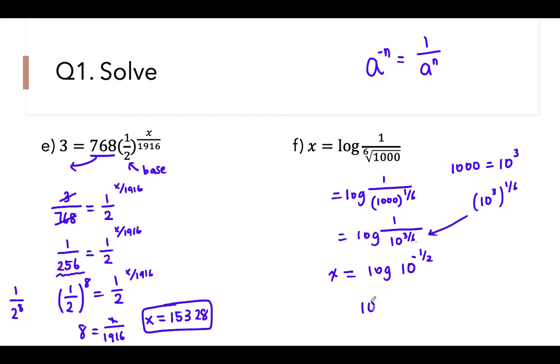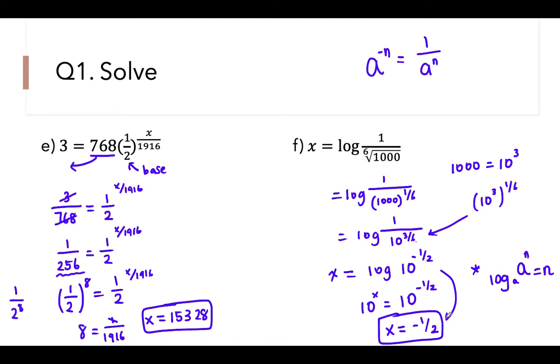So 10 to the x is equal to 10 to the negative 1 over 2. Because we have the same base, x is equal to negative 1 over 2. Another way you could look at it is, remember, log with a base of a of a to the n is equal to n. That's why you could go to this step right away.